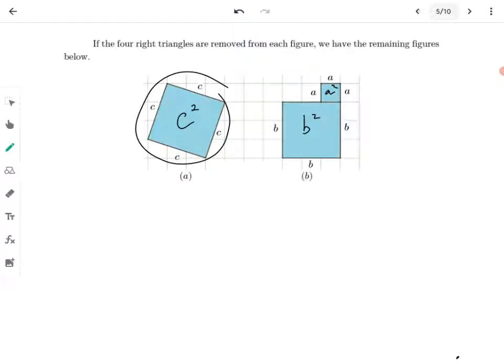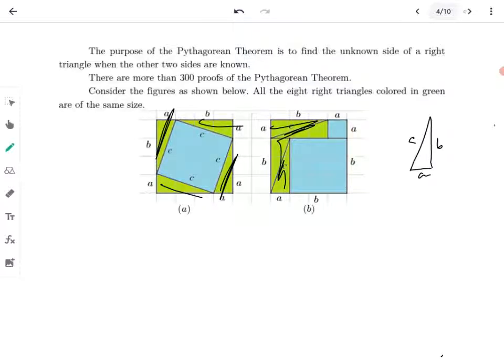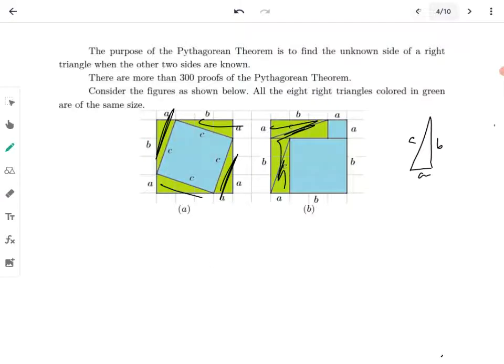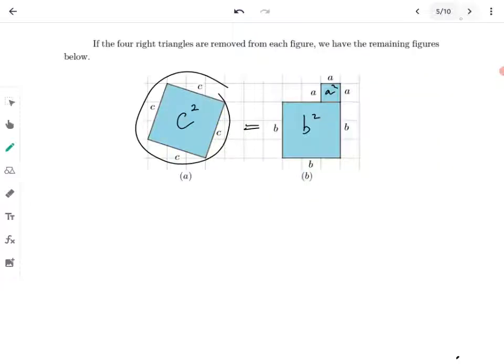Now we know that the area in A is equal to the area in B. Why? Because of the premise that we removed the same areas, which are the green triangles. So C square is equal to A square plus B square, the sum of the two squares.